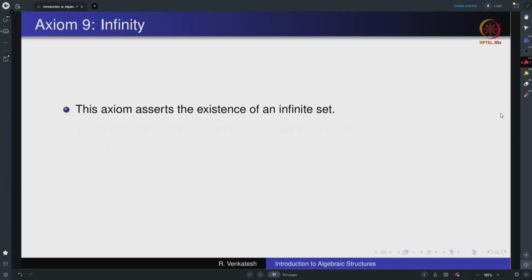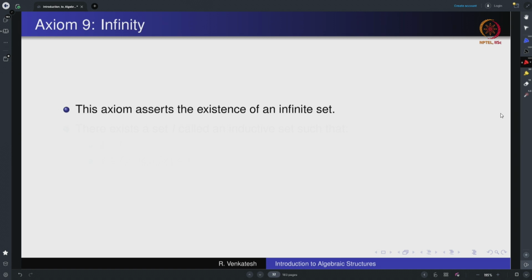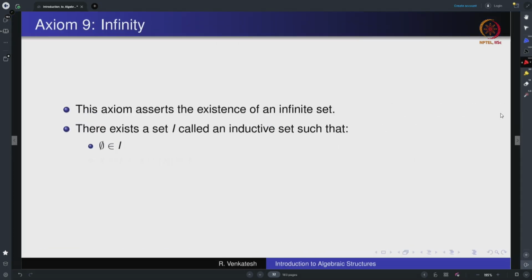So, there is this final axiom called the axiom of infinity, which is the ninth axiom. This axiom asserts the existence of an infinite set. There exists a set I, called an inductive set, that satisfies these two properties.